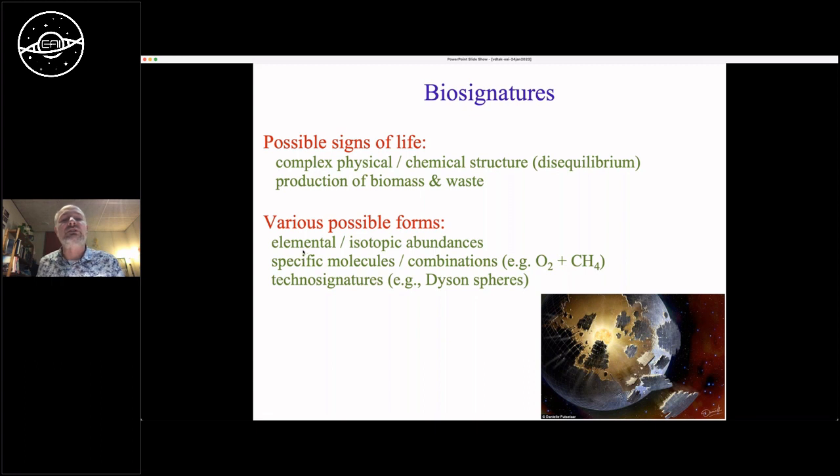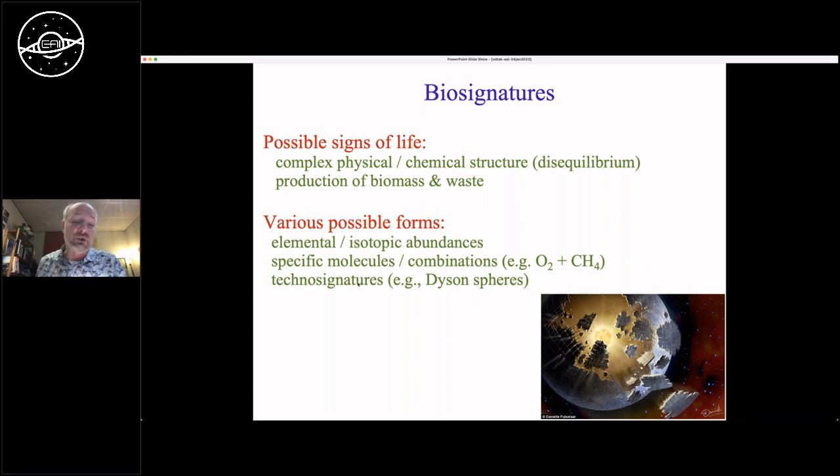Often used methods are to look for specific abundances of certain elements or isotopes or specific molecules. Even better are combinations of molecules. For example, the combination of molecular oxygen and methane in our own atmosphere is such a disequilibrium, and that's of course only sustainable if you're producing both gases, for example by bacteria.